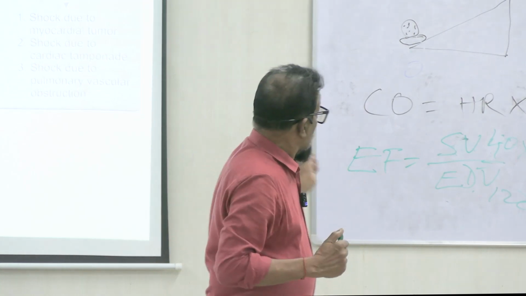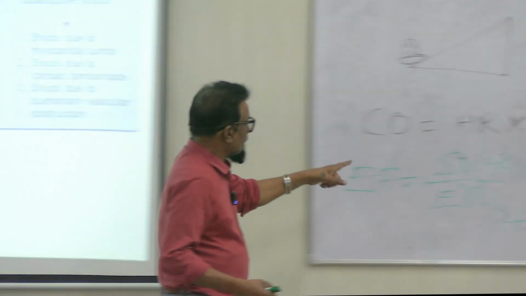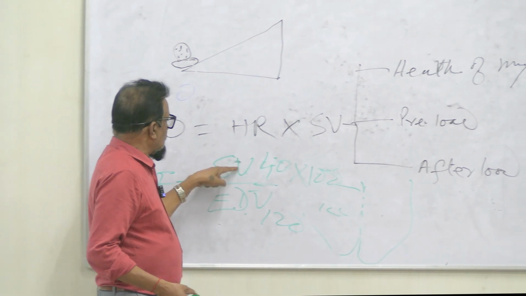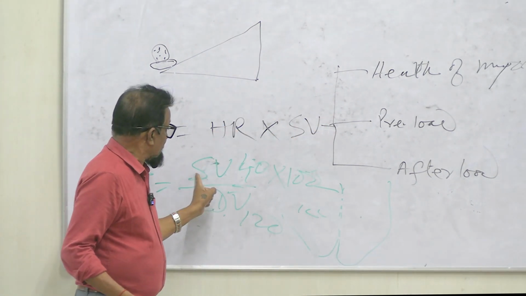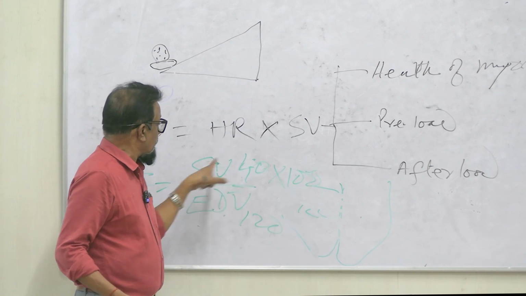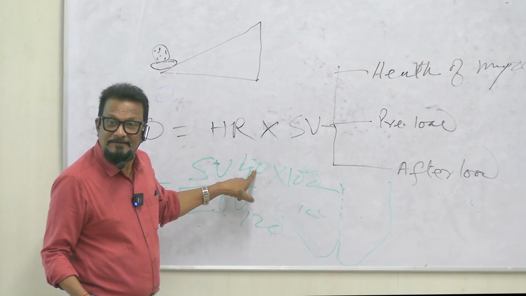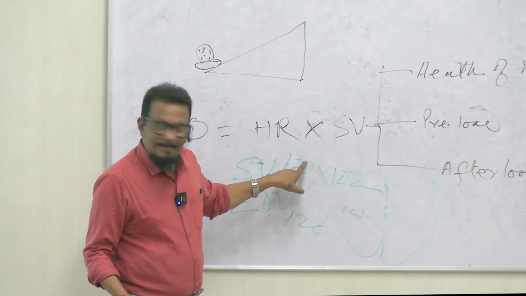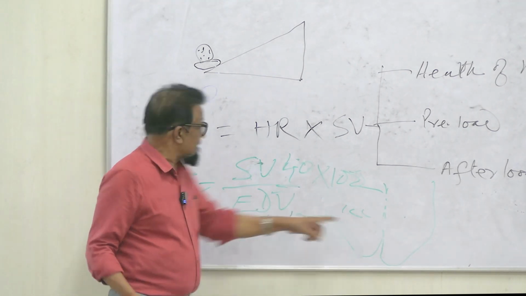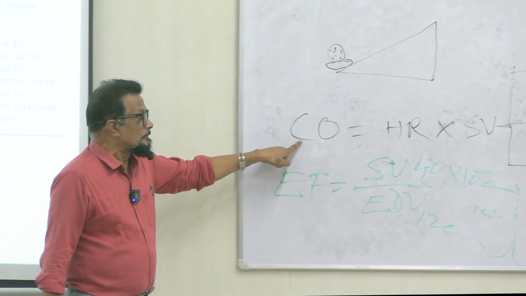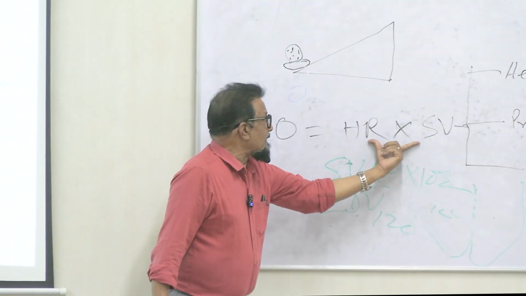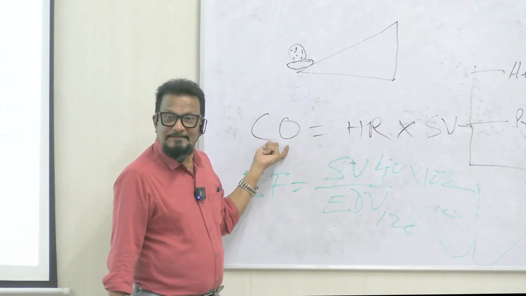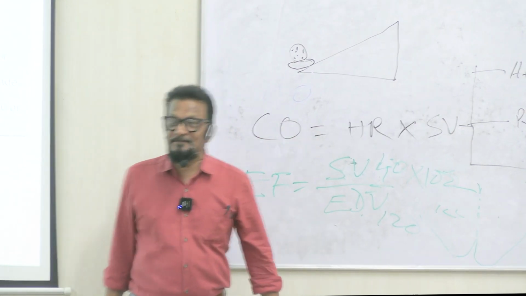Okay, so now see, if peripheral resistance is more, then what will happen? Stroke volume will be less. Ejection will be less. And what will happen to cardiac output? Stroke volume is less, so if you multiply it, the product will be less, cardiac output will be less.